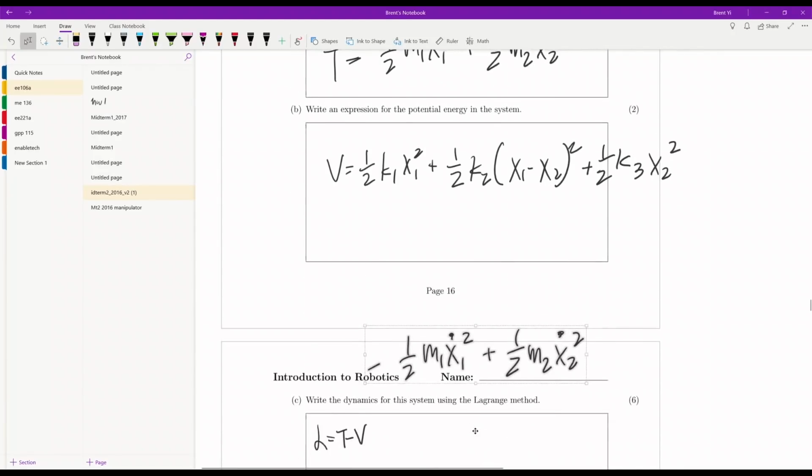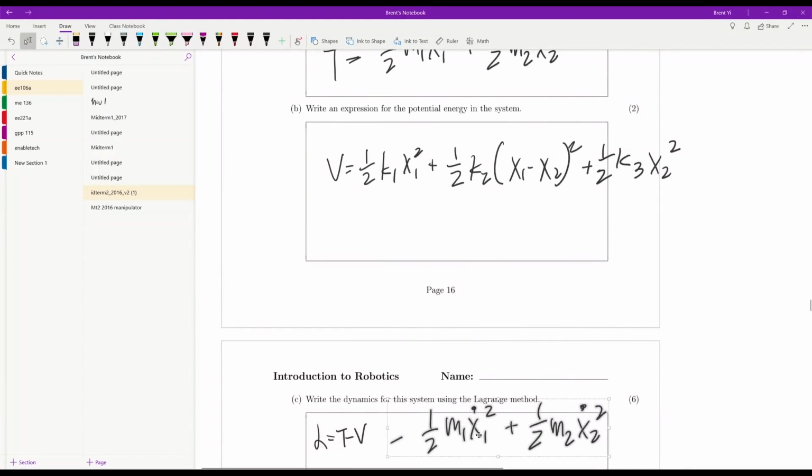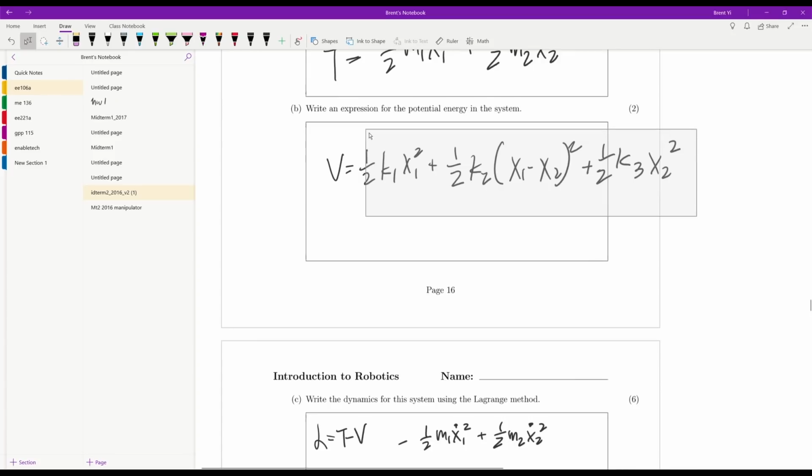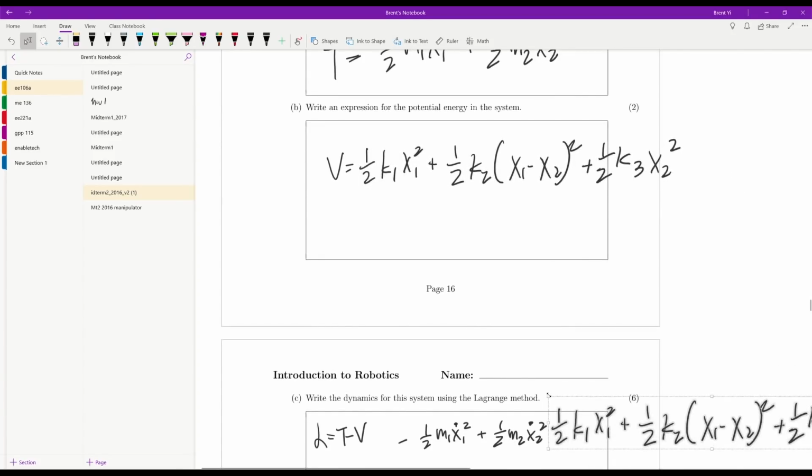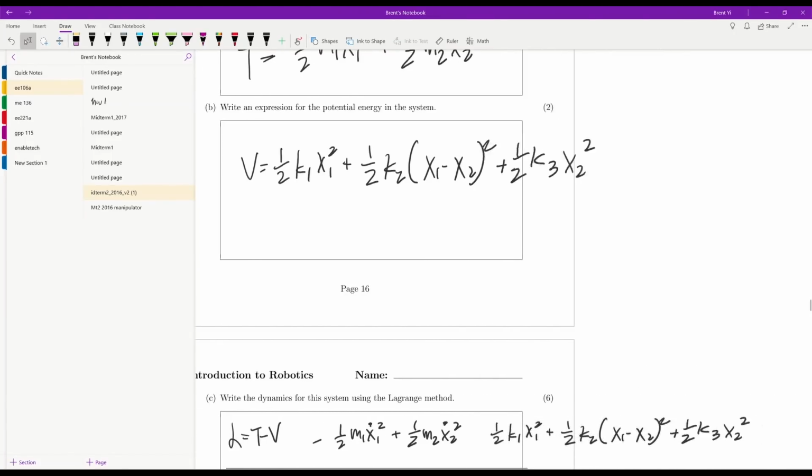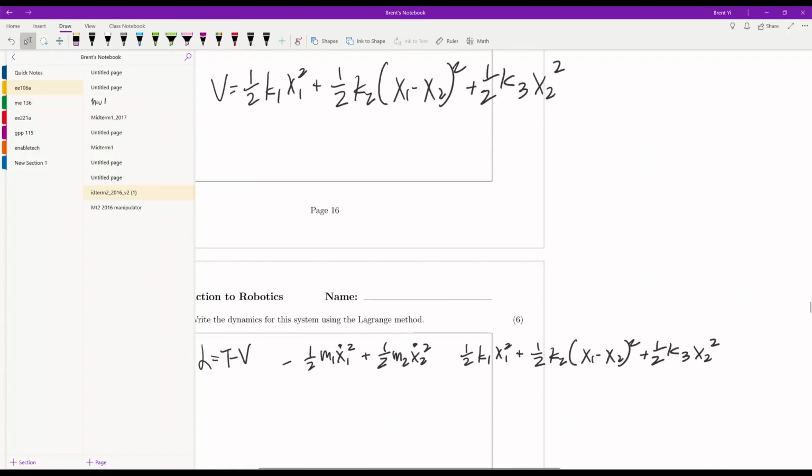So this is T right here, and I'll also grab V. Then just modify it so it's T minus V. That's all there is to it.